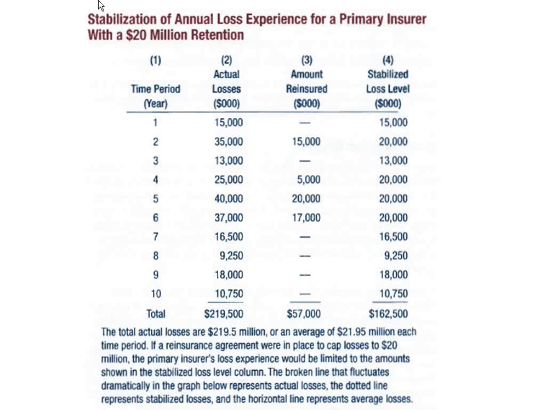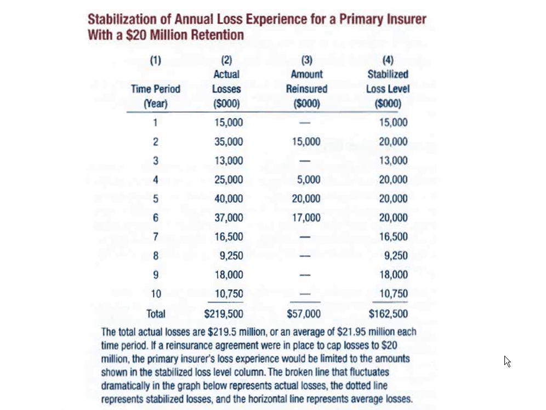So this is an example when we talk about stabilization of what this might look like here. For this one, down below it says the total actual losses in this case are about 219.5 million, which is an average loss of about 21.9 million each time period.